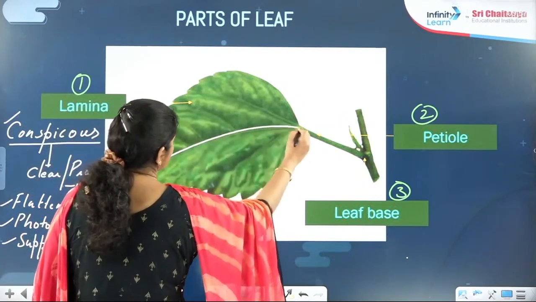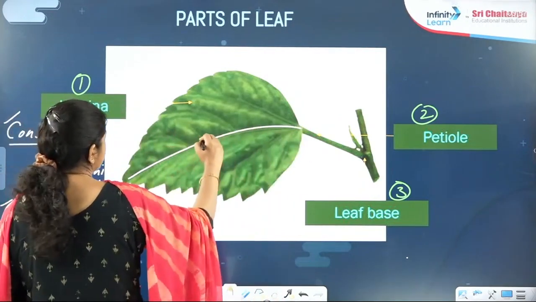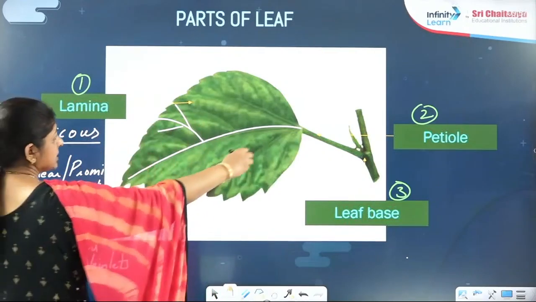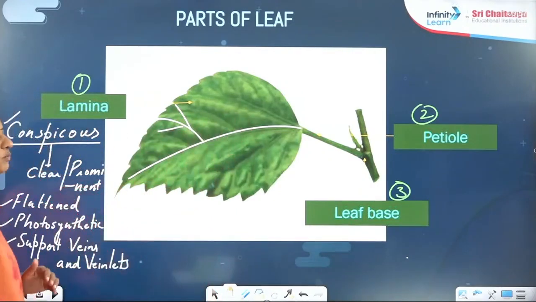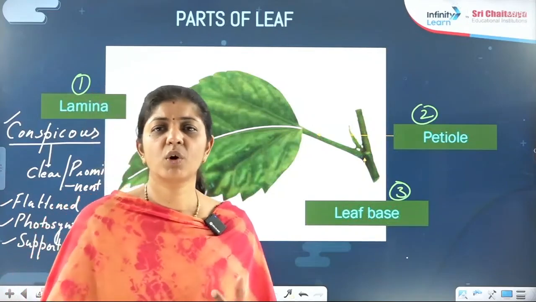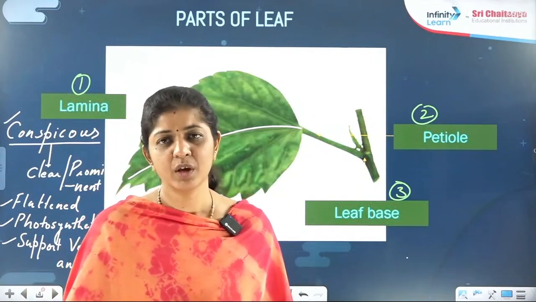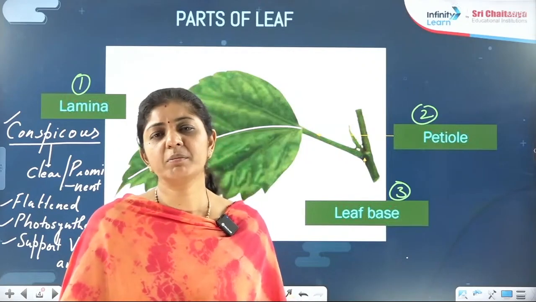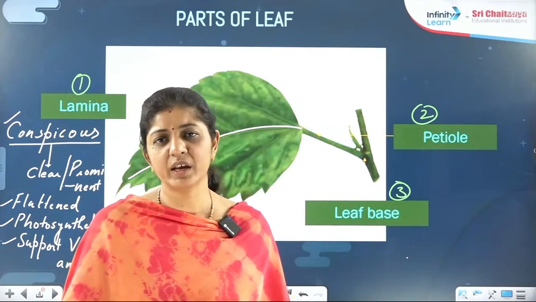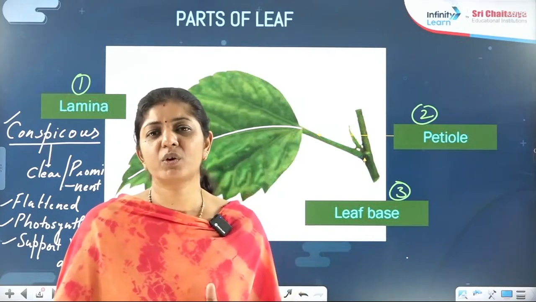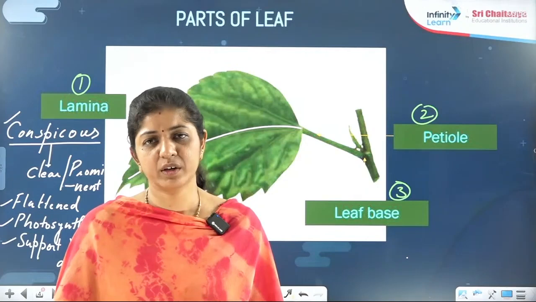Suppose this is the midrib, and here are the veins, and further veinlets. These veins and veinlets act as channels for the conduction of water, minerals and food. Being the manufacturing unit of food, the leaf sends food through these channels to the other non-green parts, while from the roots it picks up water and minerals.